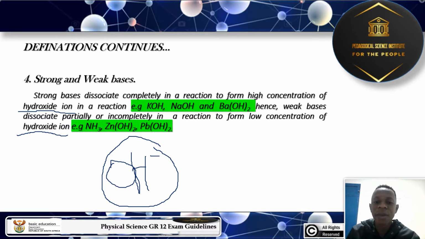They are not all of them, but these are the most common ones that the examiner used to examine us with. Examples of weak bases are ammonia, zinc hydroxide, and lead hydroxide.